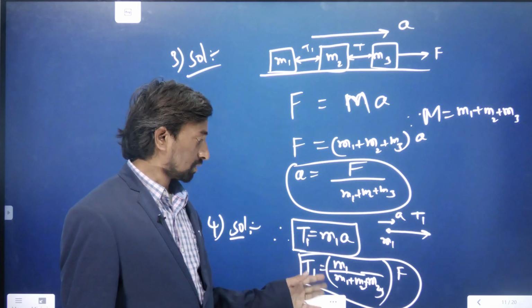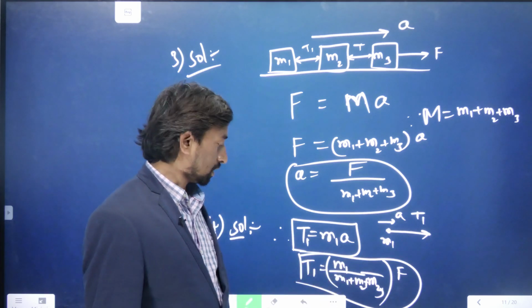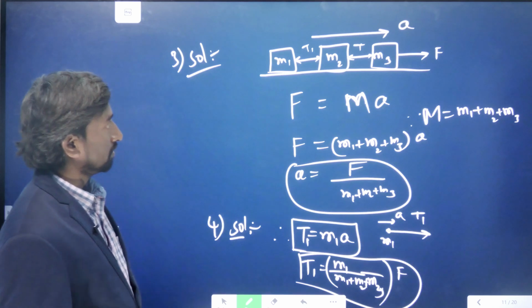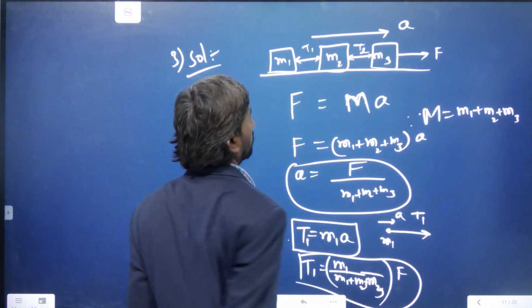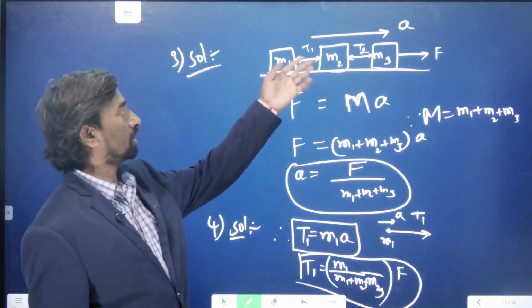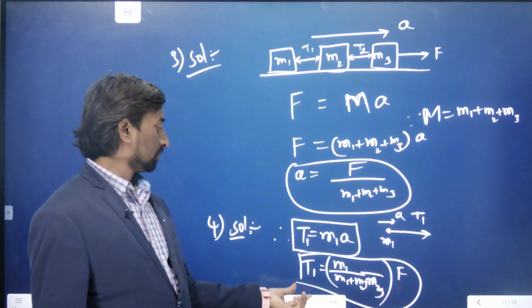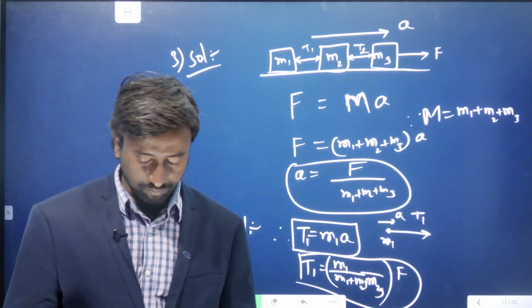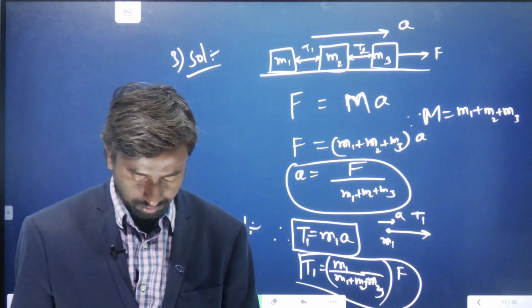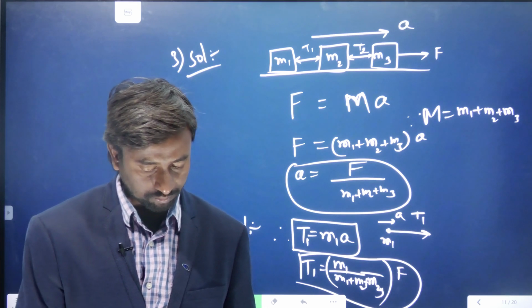If no acceleration is given, and the force and masses are given, then we can find the tension. In the same way T2 can also be found, by writing the free body diagram for the second block. We already got T1, then T2 we can find using the free body diagram. Like this, all the questions can be solved.